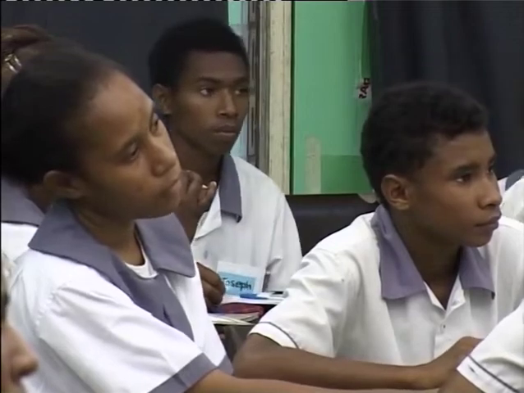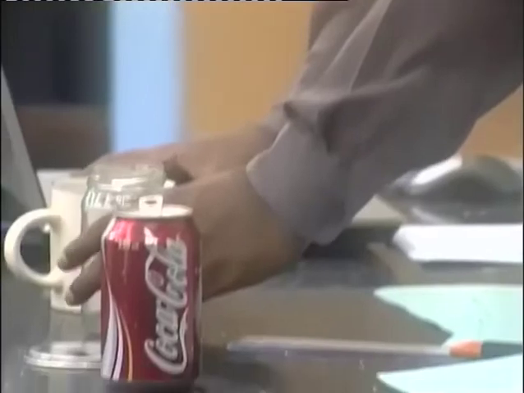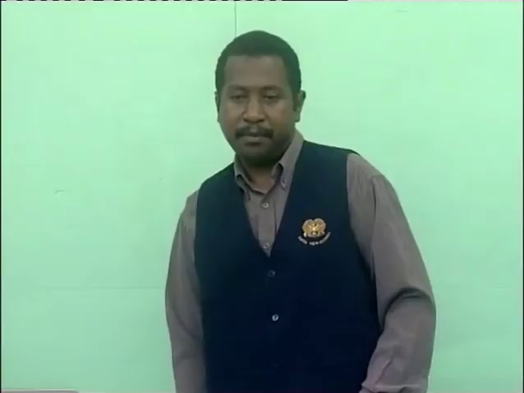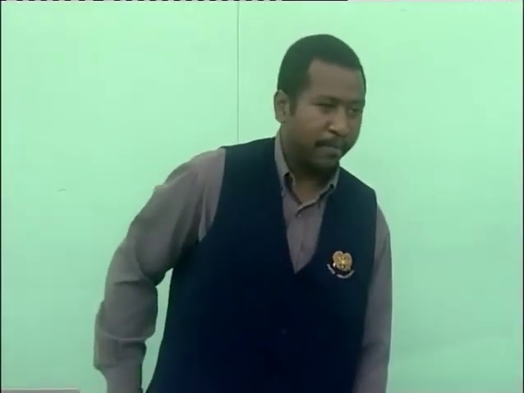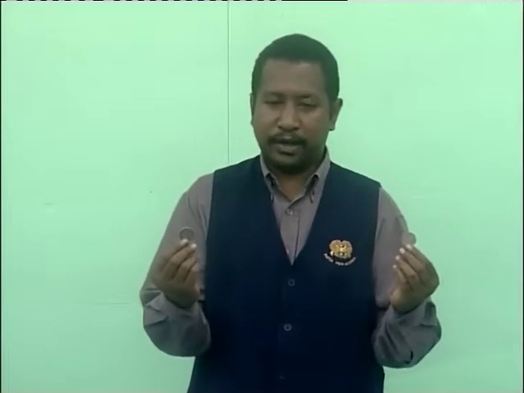And the second one is a tin lid, and the other two, a bottle and a cup. Okay. Finally, in my pocket, I've got some coins. Okay? Some coins.